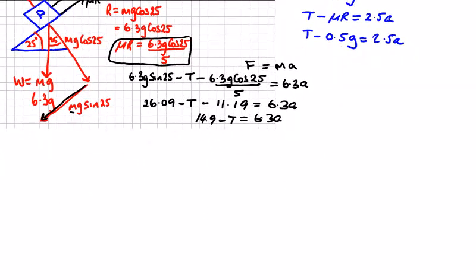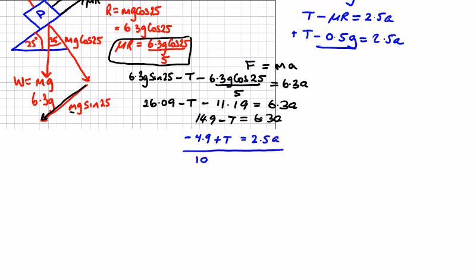So solving these two equations, we'll have half of 9.8, minus 4.9 plus T, is equal to 2.5a.